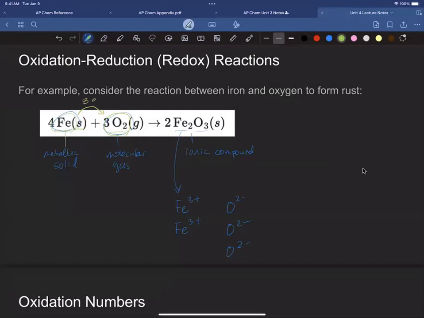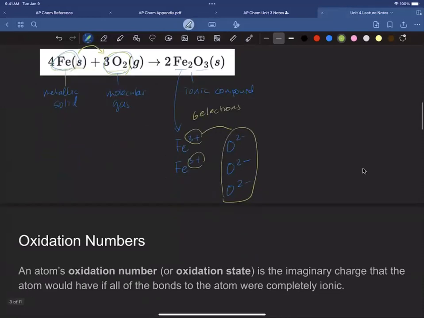Each Fe atom gave three electrons, but the electrons are distributed among three oxygen atoms. So a total of six electrons were transferred. All right.